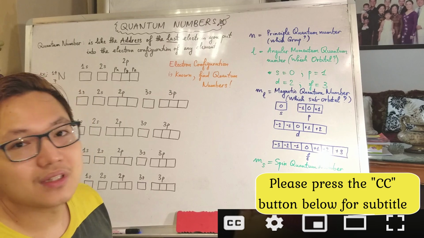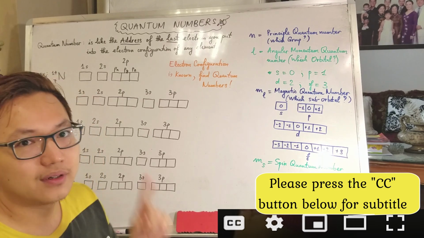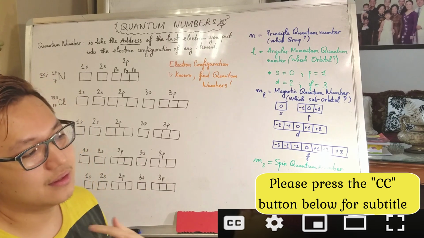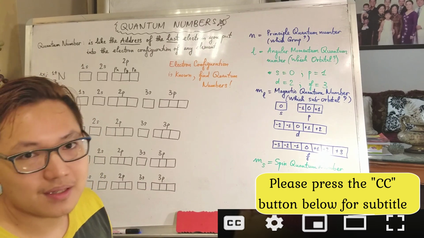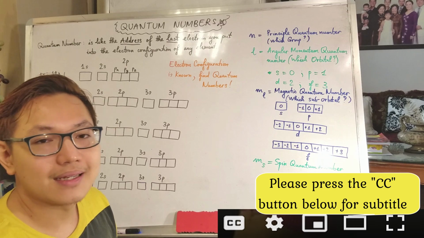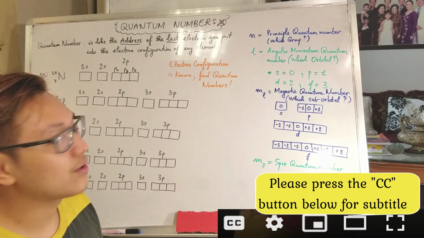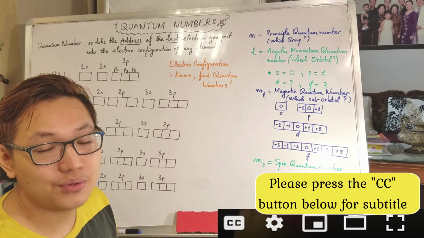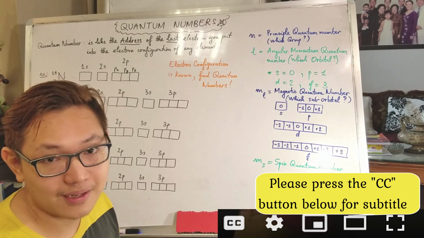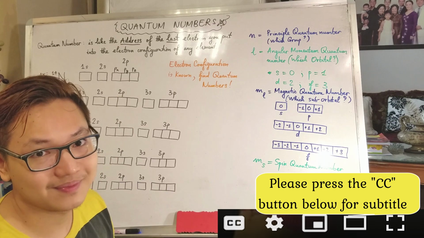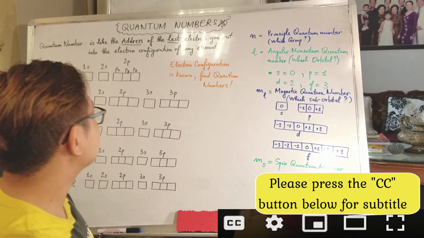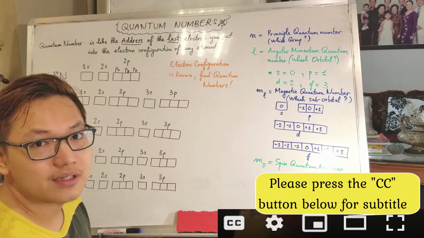But if you haven't watched my first and second episodes, I would recommend you do it now, because in those I talk about orbitals and electron configuration and everything. So please do check out those episodes first, okay, before we go on.